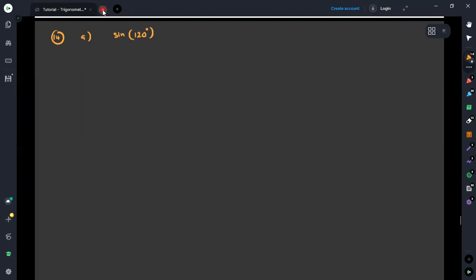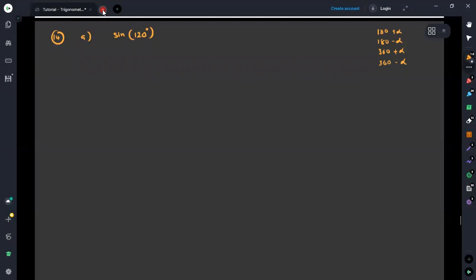Therefore, sine 120. Here, we are trying to obtain this in the form of 180 plus alpha, 180 minus alpha, 360 plus alpha, or 360 minus alpha. This is the way of writing, whether it is in multiples of 90 or even multiples of 90, with plus or minus alpha.